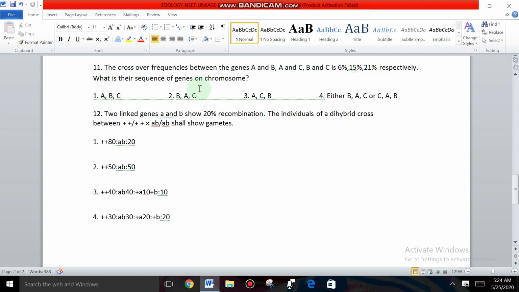What is the sequence of genes on the chromosome? Between A and B how much? 6%. A and C how much? 15%. B and C how much? 21%. So what is the sequence of genes on the chromosome?